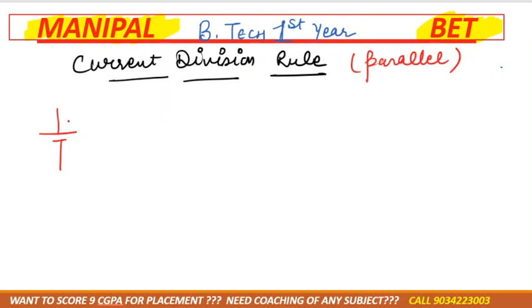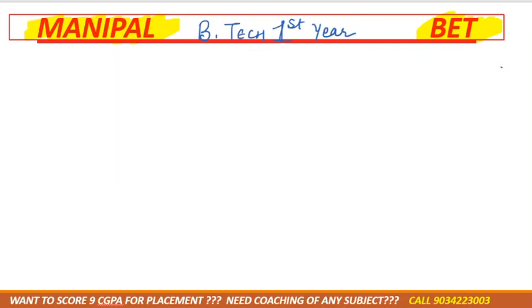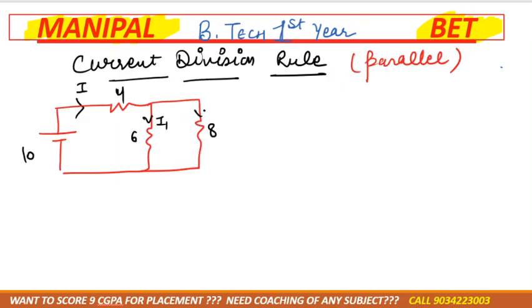It is not applicable in a series circuit. Okay. Like suppose we have 4, 6, 8. This is 10 volt. This is I. This is I1. This is I2. We need to calculate the value for I1 and I2 by using the current division rule.